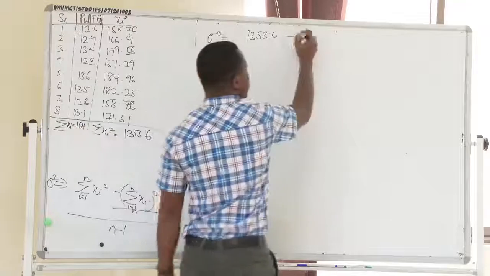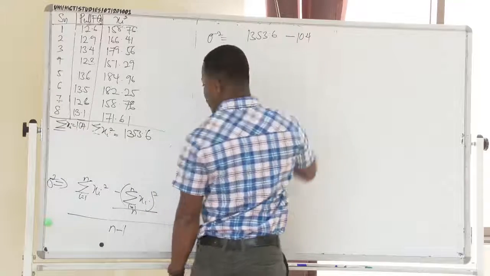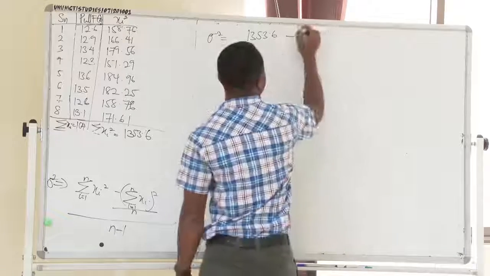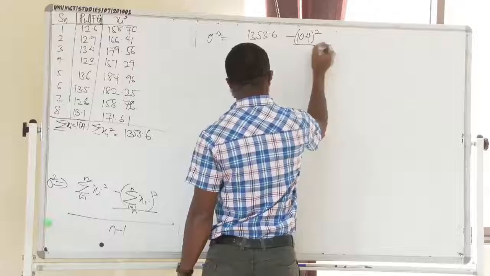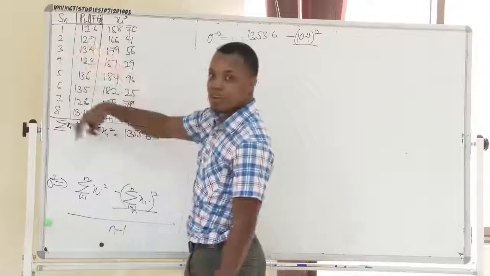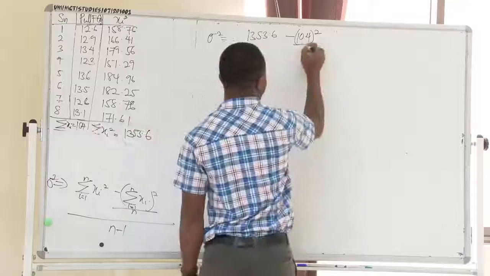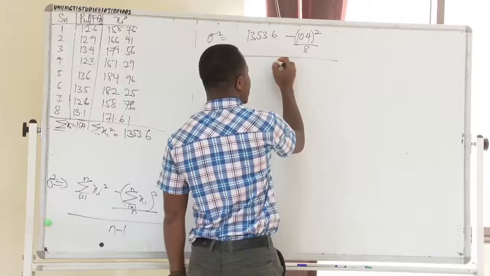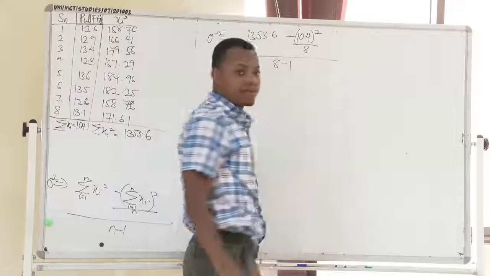The summation of xi happens to be 104, and remember, everything we have here has been squared. Now remember, divided by what? n. And remember, we have n of deviation. All over n minus 1, which happens to be 8 minus 1.